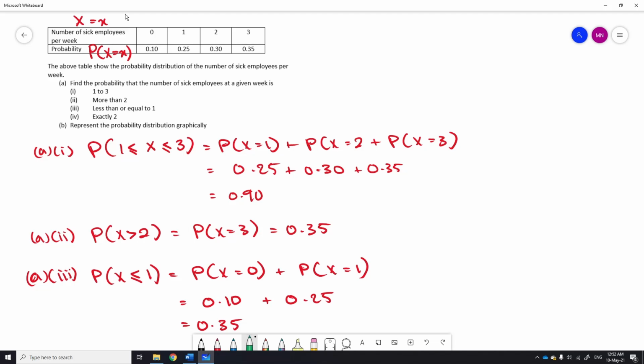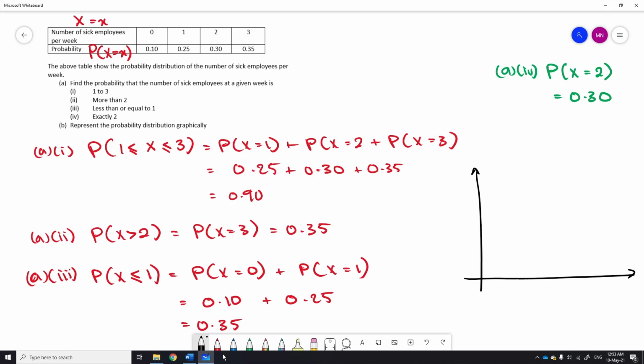Okay, and then for A4, question number 4, exactly 2 means probability of x exactly equal to 2. So that is just 0.30. Okay, then for B is to represent the probability distribution graphically. So we first draw the axis, probability of x, and this is the x. So the x is from 0, 1, 2, and 3.